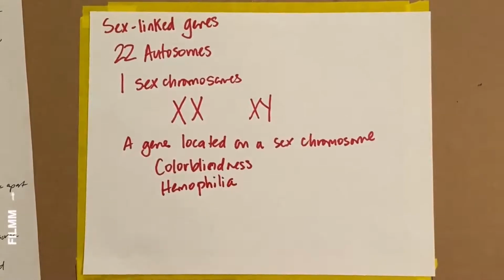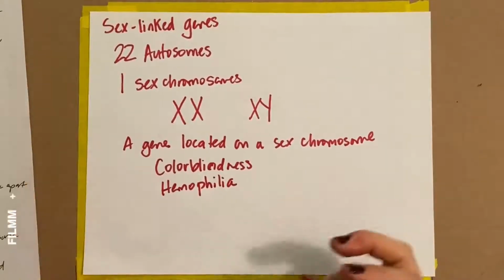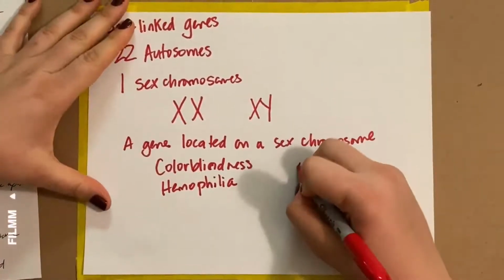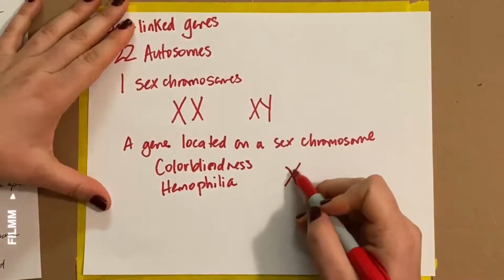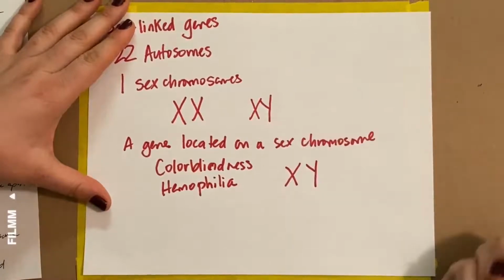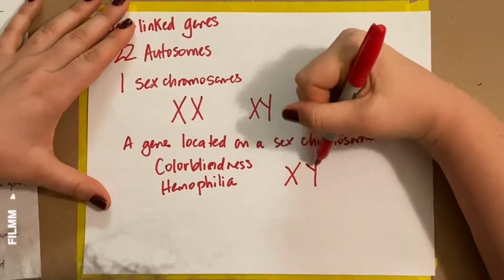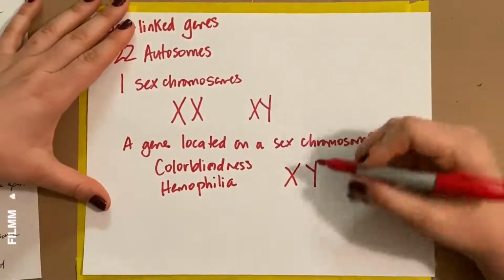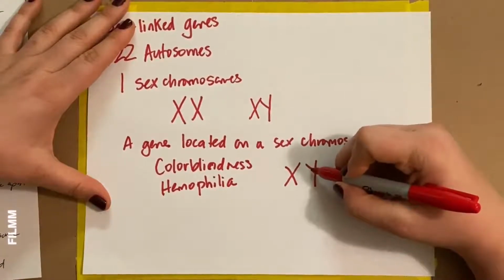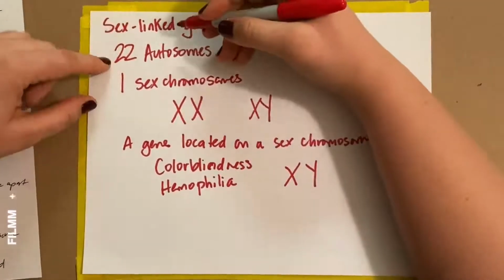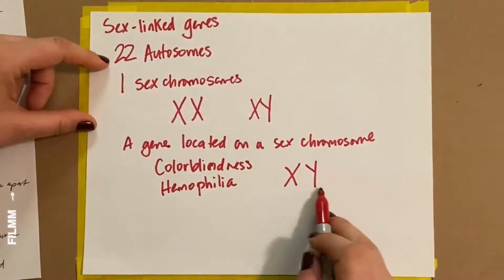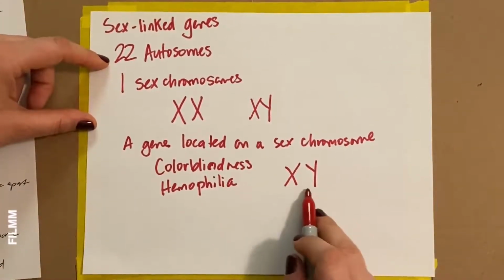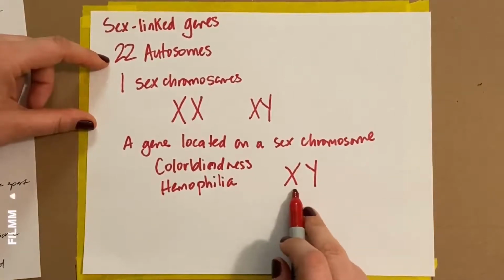You get an unusual pattern because if the trait is on the X and you have a male, he doesn't have the same genes on the Y chromosome. For autosomes, all the same genes are on each chromosome. For the X and the Y, the genes are different because they are not the same chromosome.